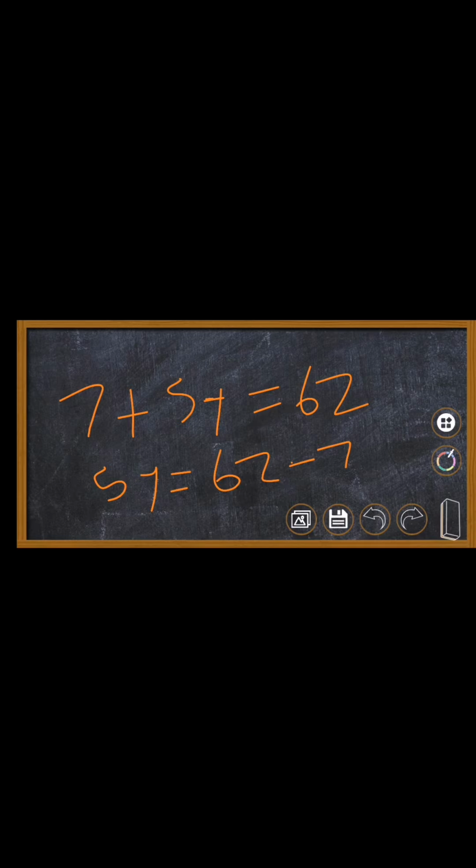So we're going to have 7 plus 5y is equal to 62. We need to put all the unknowns on one side. So it's going to be 5y this side. And 62 minus 7 is 55. So 5y is equal to 55.